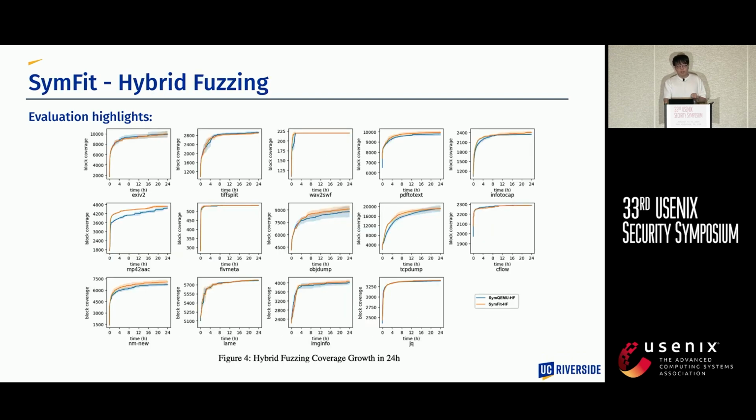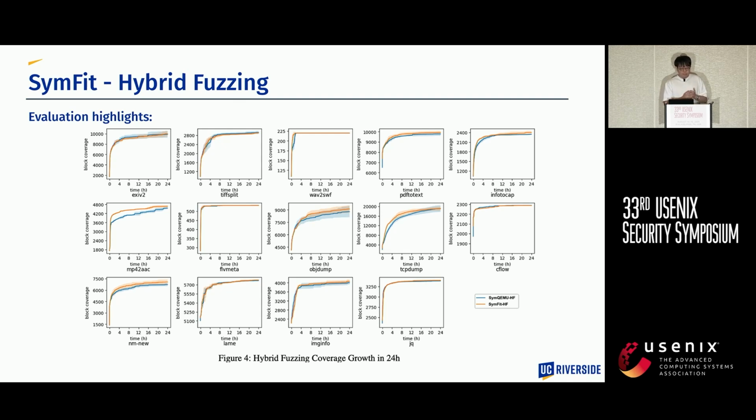And some evaluation results regarding hybrid fuzzing: we simply pair our concolic executor with a fuzzing instance and compare the coverage growth. We can see from the results that for some of the programs, we can achieve faster coverage growth, but for the rest of them, the result is pretty much similar.